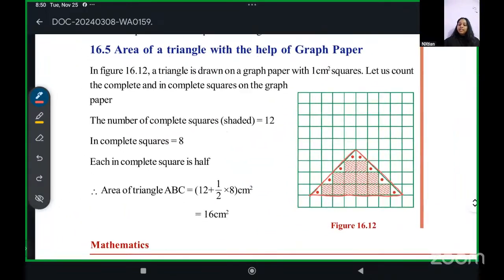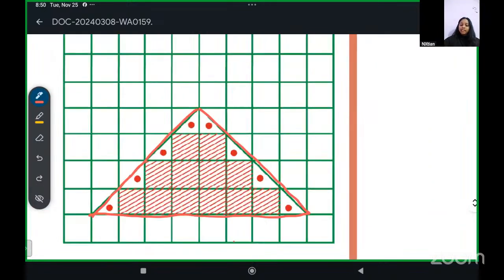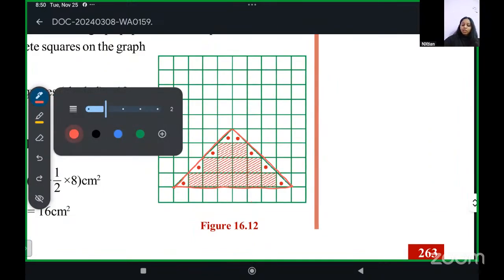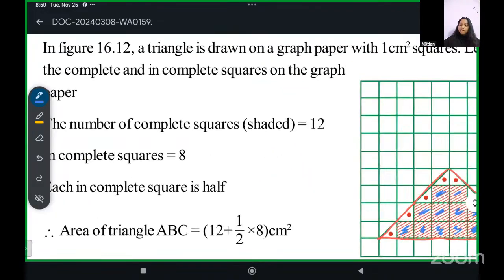Now in this triangle, first we'll count how many squares are completely inside the triangle. 1, 2, 3, 4, 5, 6, 7, 8, 9, 10, 11, 12. So 12 squares are completely shaded.